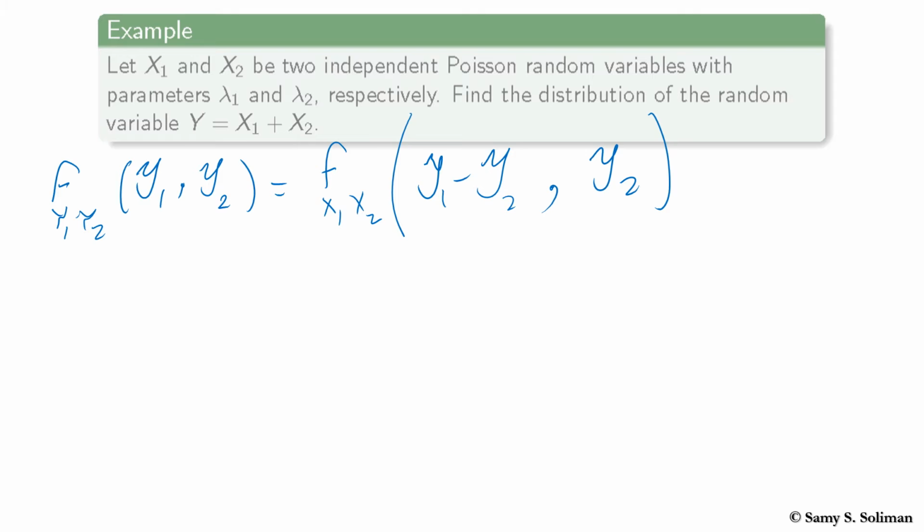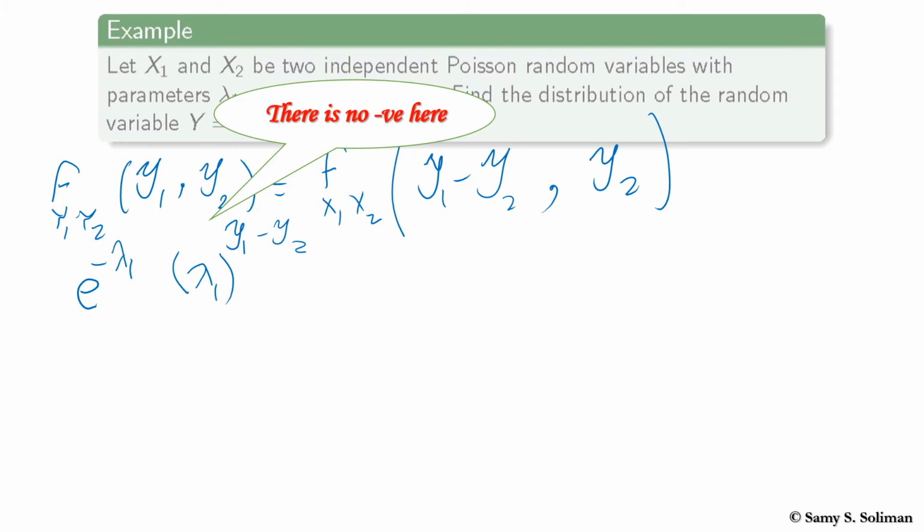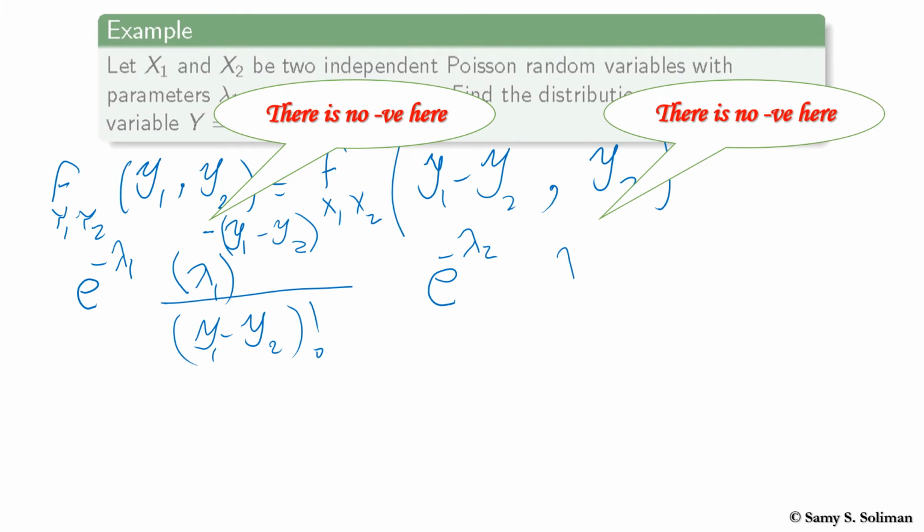Since the formula that we obtained one step earlier was e power negative lambda 1 times lambda 1 power x1, now x1 is replaced by y1 minus y2, of course divided by x1 factorial, which is now y1 minus y2 factorial, times e power negative lambda 2 times lambda 2 power x2, which is now y2, divided by y2 factorial.